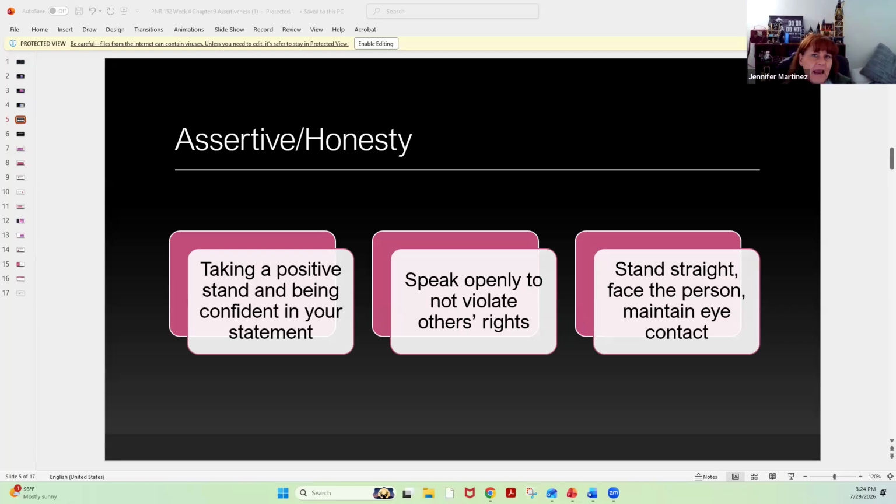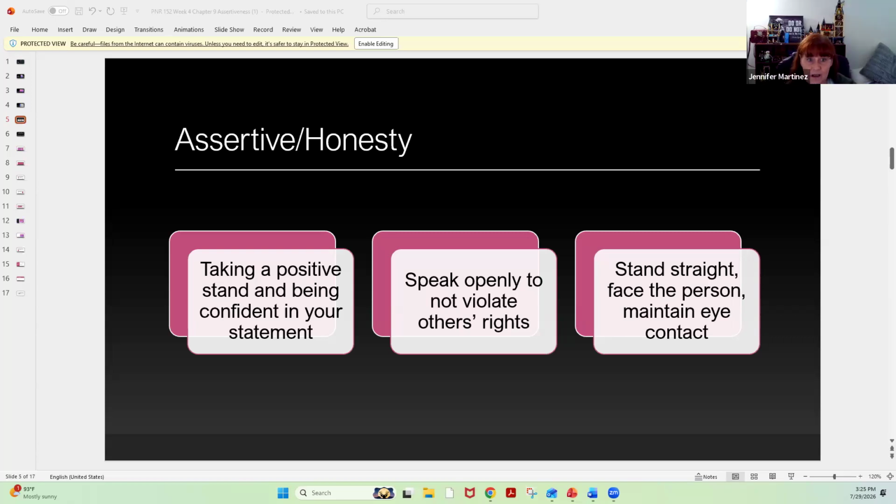Being assertive, let's say it's taking your break when it's time for you to take your break. It's sticking up for yourself. It's if a doctor writes an order and it doesn't seem right, okay, maybe the medication dosage is too high or whatever it is.